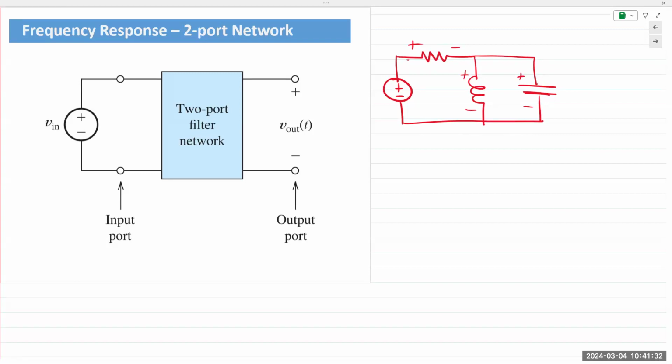Now, a voltage source or a current source has two terminals. We will group those terminals together and we call it a port. So if you group these terminals together, we have one port. And any place where you take an output or measure an output, again, we group it together and call it a port.